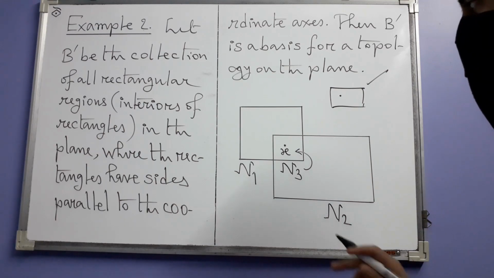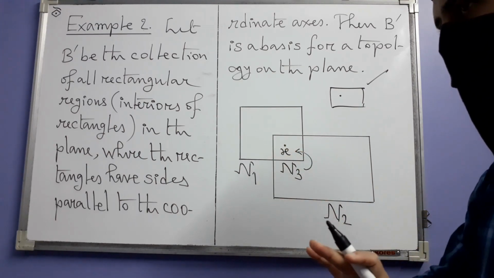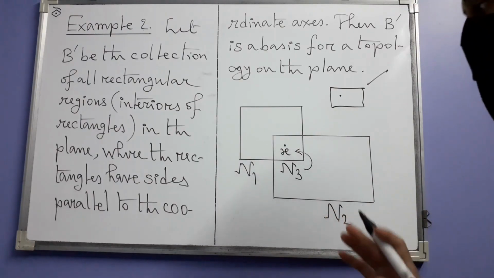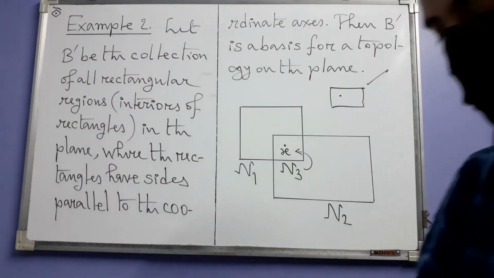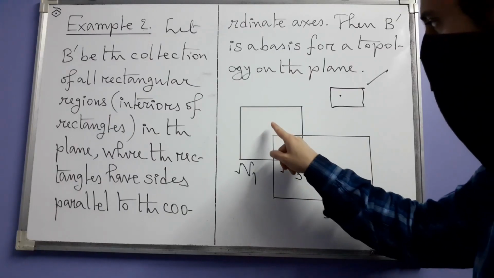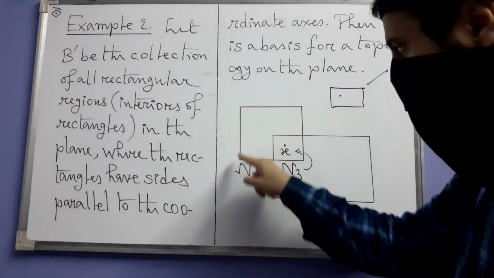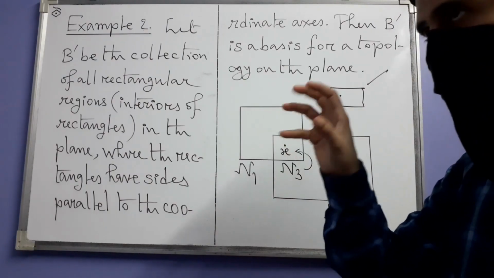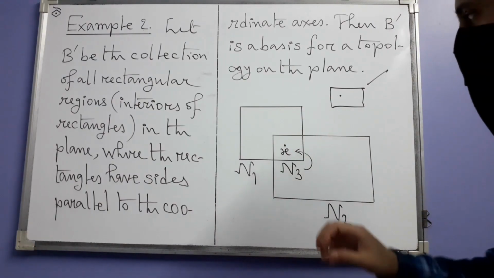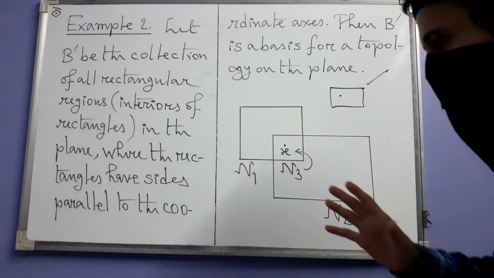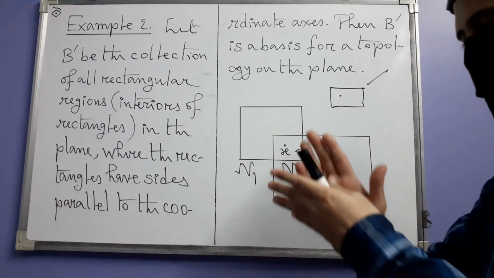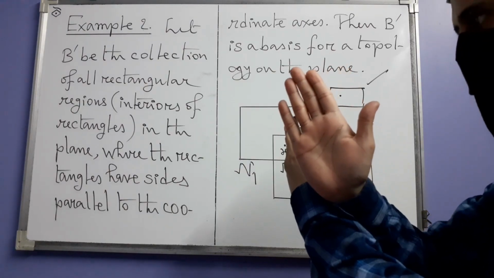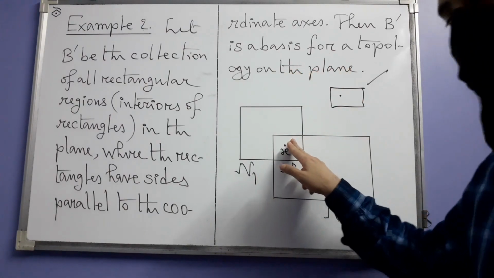For condition 2, you take two such rectangles so that they are intersecting. Intersecting means what? Do not forget that we are not considering the actual rectangles, but rather the interior regions of the rectangles. So if two such interior regions intersect, they cannot just simply touch each other like this. They have to intersect like this. The regions have to intersect.